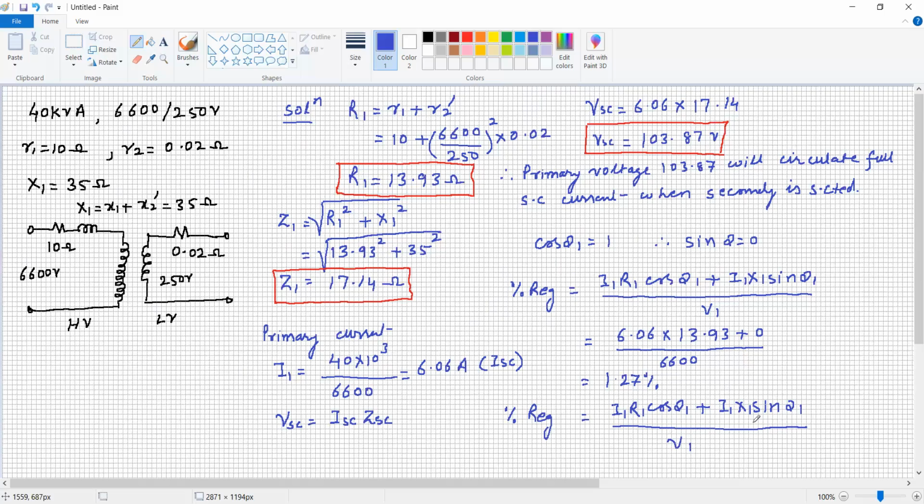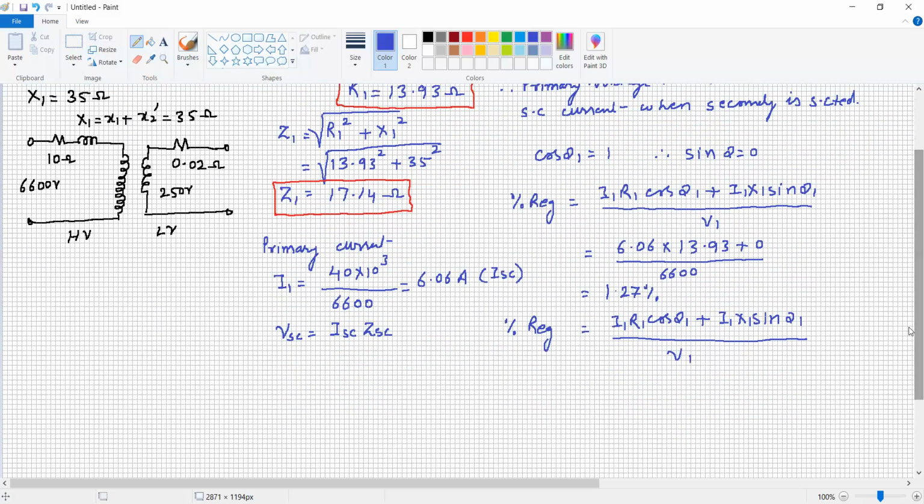Put these values and calculate the percentage regulation, which is equal to 6.06, the current, multiplied by the resistance 13.93 into 0.8, plus 6.06 into the total reactance 35 multiplied by 0.6, divided by 6,600 volt. So you will get the percentage regulation.